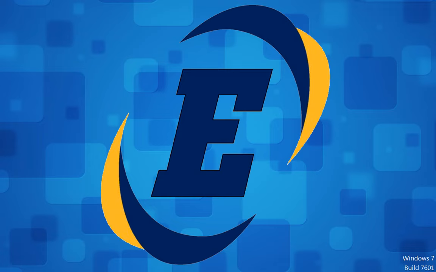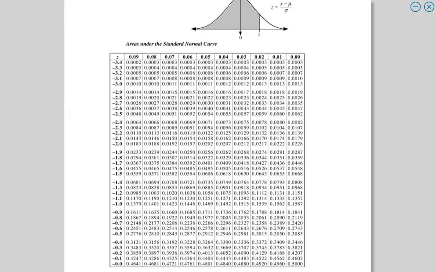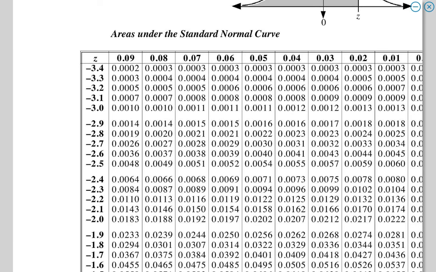Okay, so let's just go back, go find your chart. Okay, so you're looking at your chart. We're looking for -3, right? So here's -3. And then what's the decimal for -3? What's the second decimal?